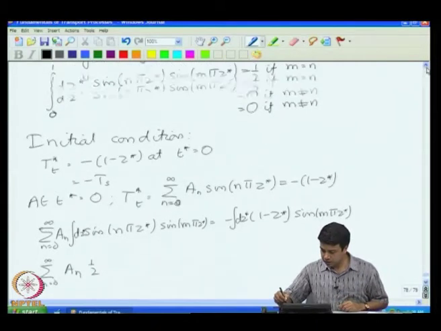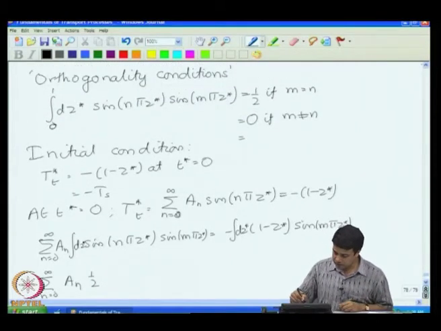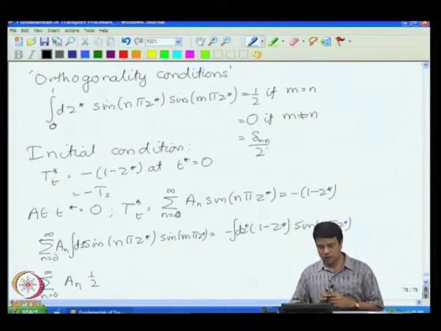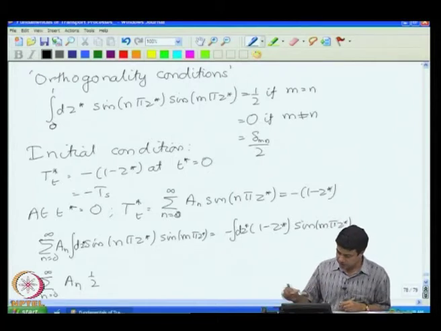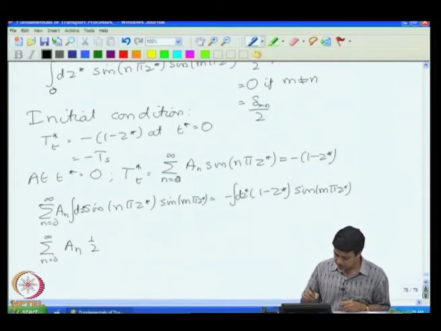This thing I will call the delta function. This delta m n is 1 if n is equal to m, and it is 0 if n is not equal to m. So, I just get half a n times delta m n.